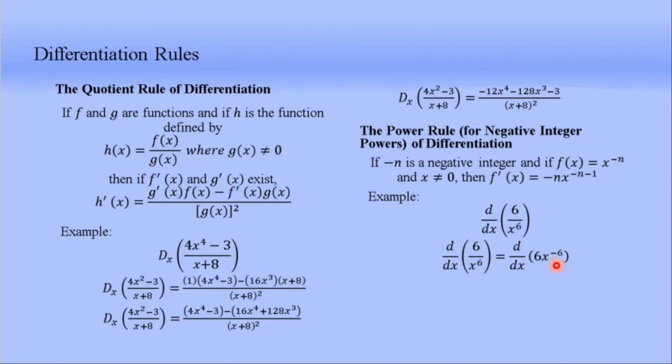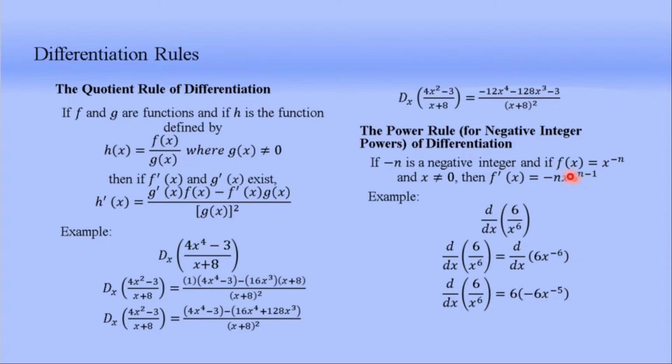But since this is a fraction, if we bring this denominator up to the numerator, the exponent will be negative. So 6x raised to negative 6. We're going to use the concept of the borrow, so we're going to separate the constant 6 from the variable x.